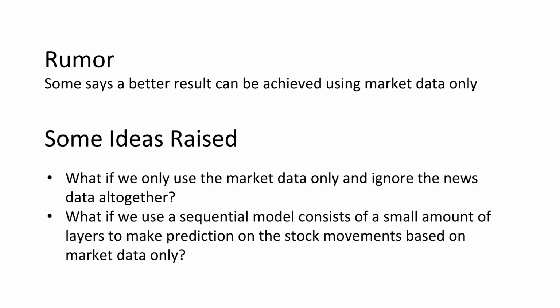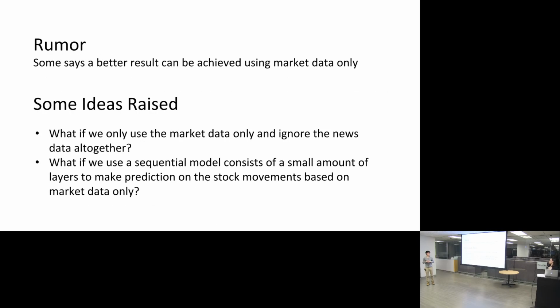So in the next submission, we actually constructed a very simple sequential model that consists of only three layers, using three activation functions, to have a taste of how it's going to perform.